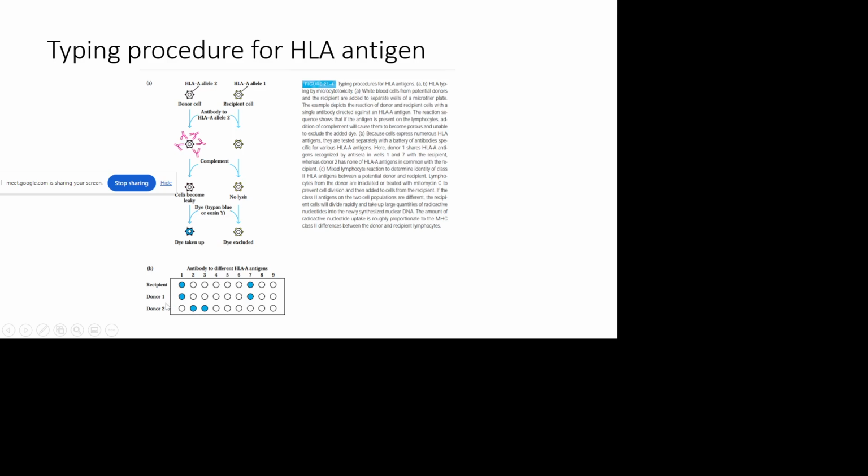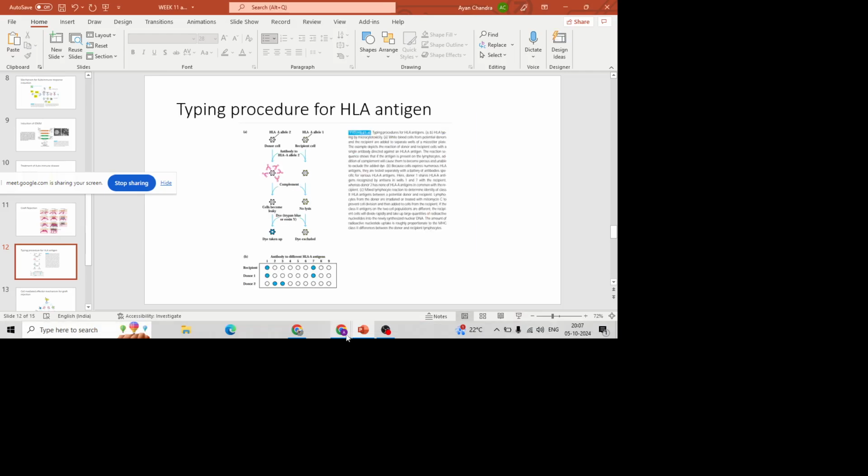So the best donor for this recipient will be donor 1, as they are matching in their HLA typing, right? So that is the typing procedure for HLA antigen. Before doing the grafting, you should always do HLA typing to check which donor is matching the HLA type of the recipient. That is the purpose of this typing procedure for HLA antigen.